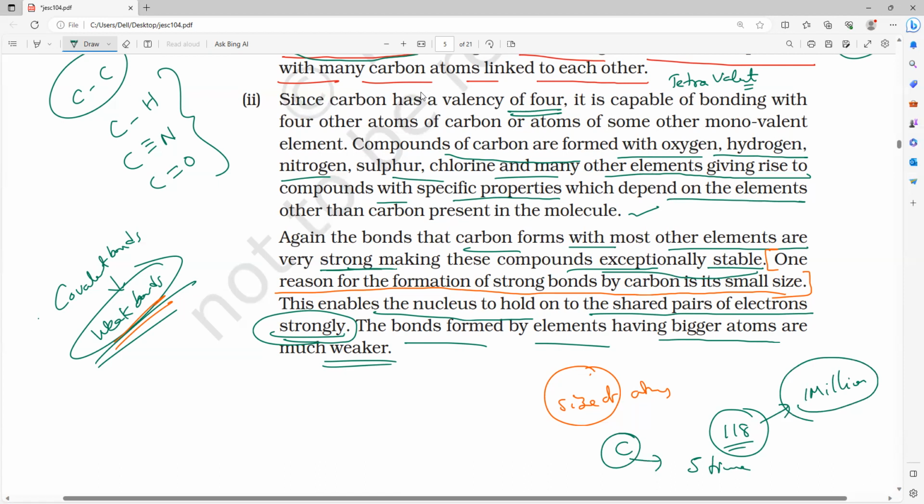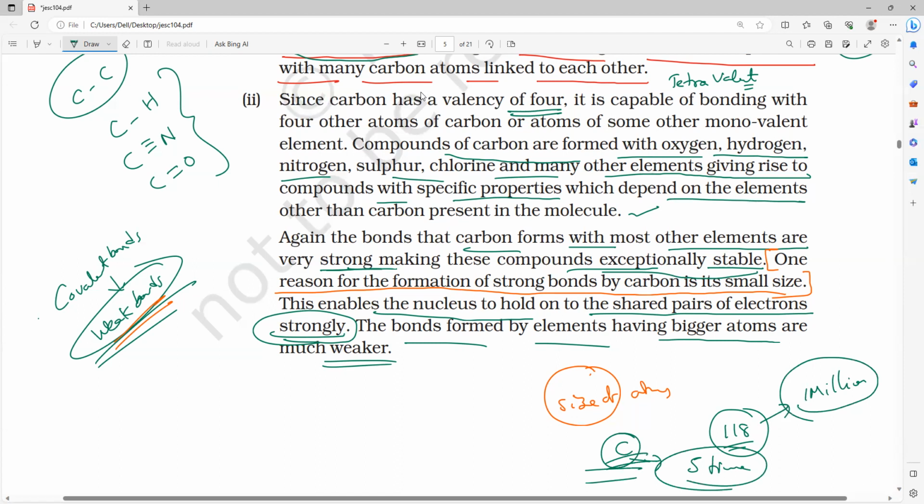Whatever number you get by combining all the other elements, carbon alone can form 5 times more than the total number of compounds formed by other elements. And you know one more thing, till today there is no fixed number of carbon compounds.